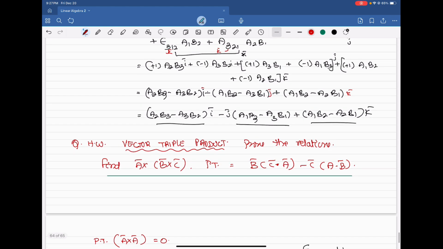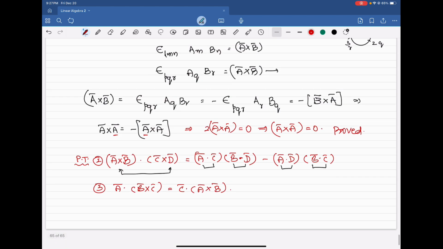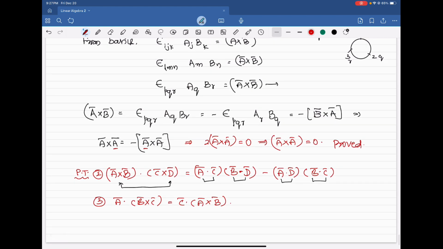Problem 1, A cross B cross C. Second, A cross B dot C cross D. Third, A dot B cross C. These three we will take up with the definitions we have given about the Levi-Civita symbol and Kronecker delta, their combination, their relation, in the next class.